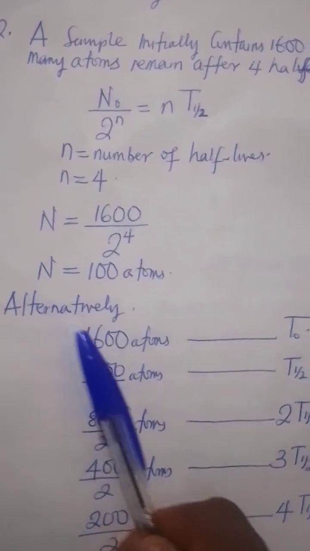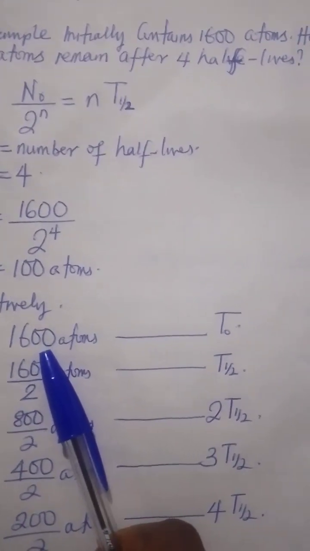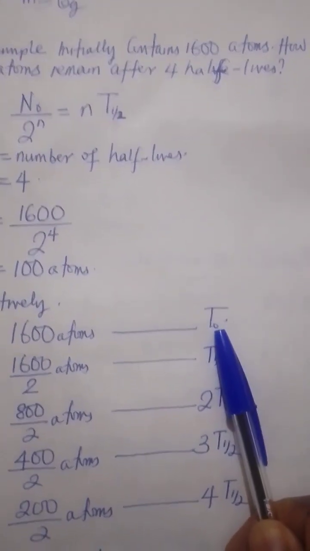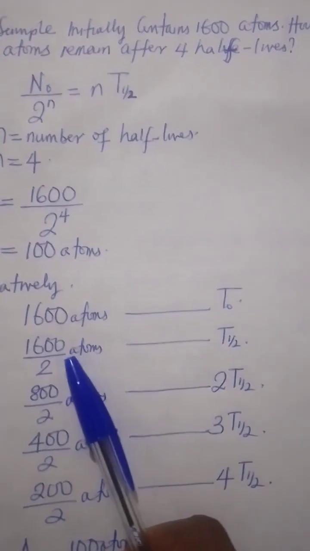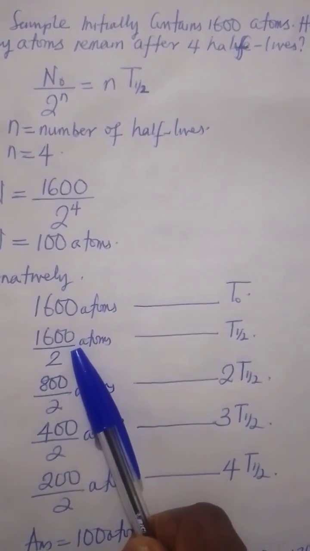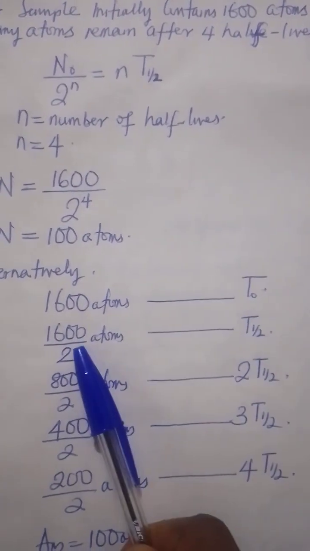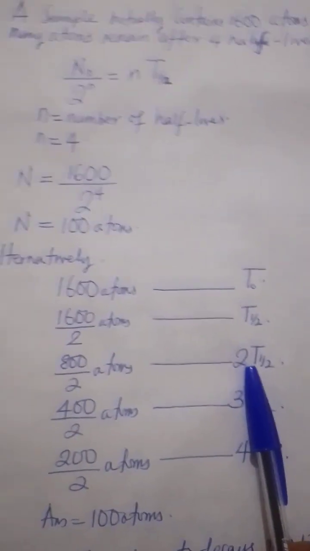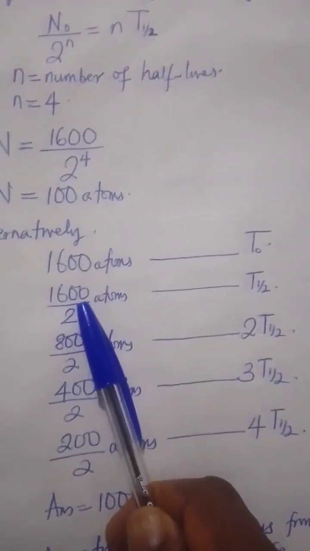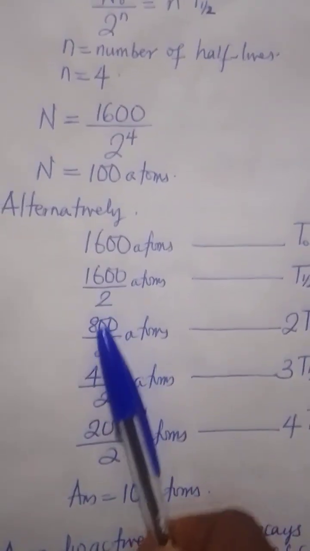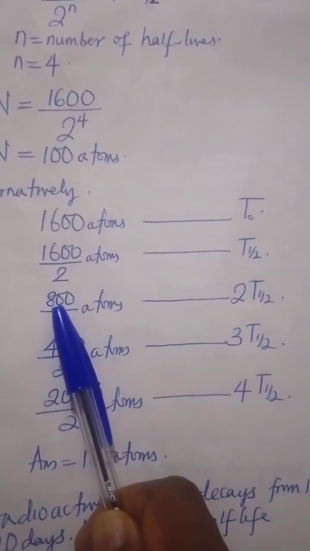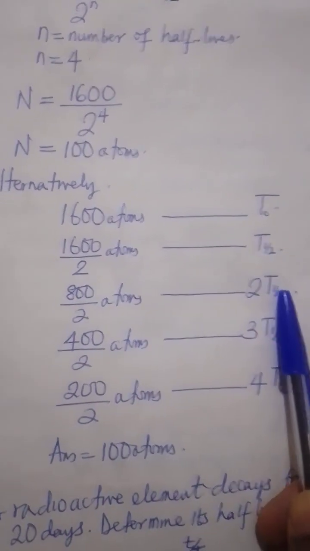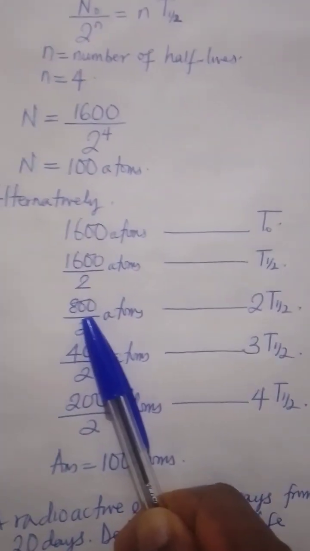Alternatively, we have 1,600 atoms. As at this time, nothing exactly is happening. When it is halved, as we get our first half-life, you half it. Second half-life, you halve that again. So 1,600 divided by 2, that will give us 800. The second half-life occurs by dividing that by 2 again.